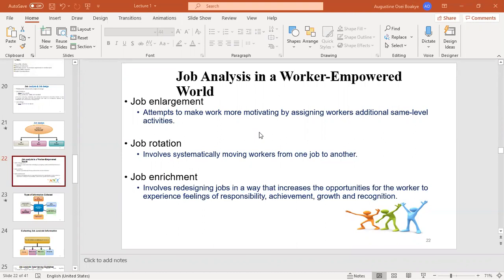So the basic tenet of job enrichment is that a new portfolio is created for the job incumbent, which is usually higher than the previous portfolio they were occupying. And in this new portfolio, the employee is given a higher responsibility that comes with a lot of recognition, and it also ignites the person's intrinsic motivation.